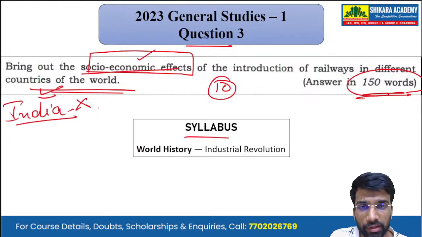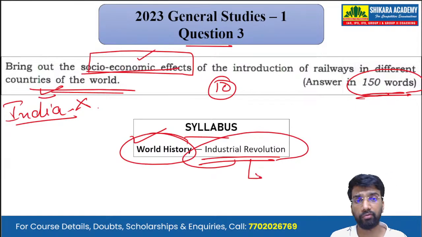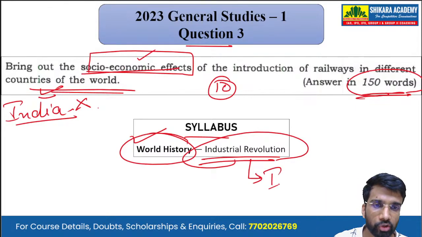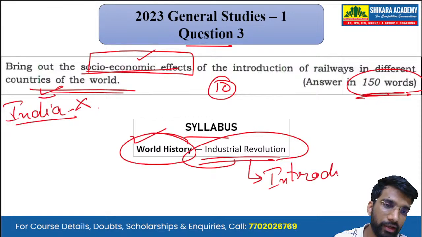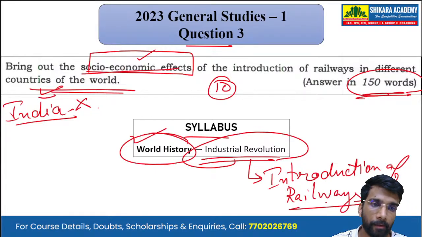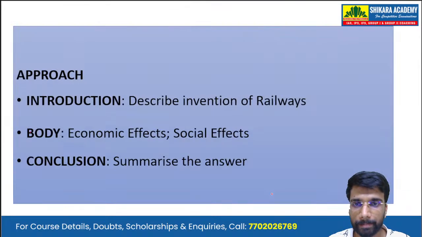So mapping it with the syllabus, it is asked from world history, and the broader topic is the industrial revolution, because under the industrial revolution comes the topic of introduction of railways. You should not limit your answer to India only in such a question.